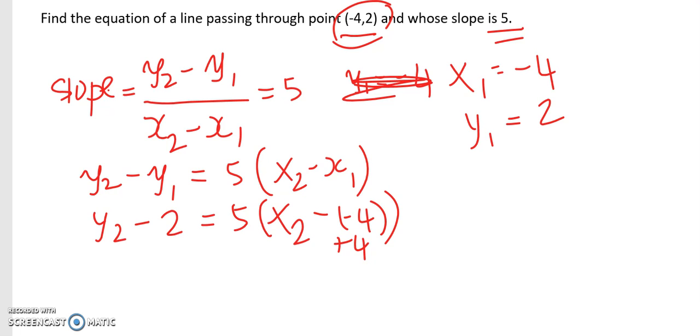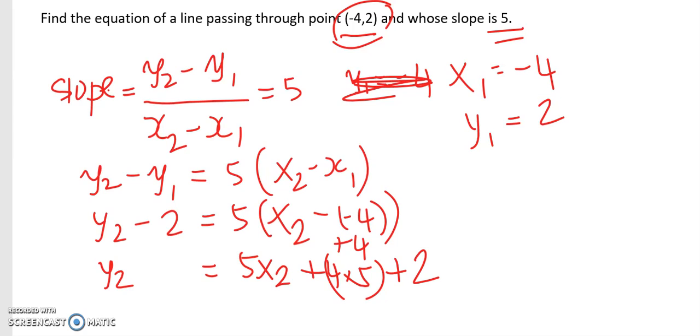So y2 minus 2 is equal to 5x2 plus 4, which is basically, in this case, we can say that y2 is going to be equal to 5x2 plus 4 times 5, plus 2, and therefore y2 will be equal to 5x2 plus 22.